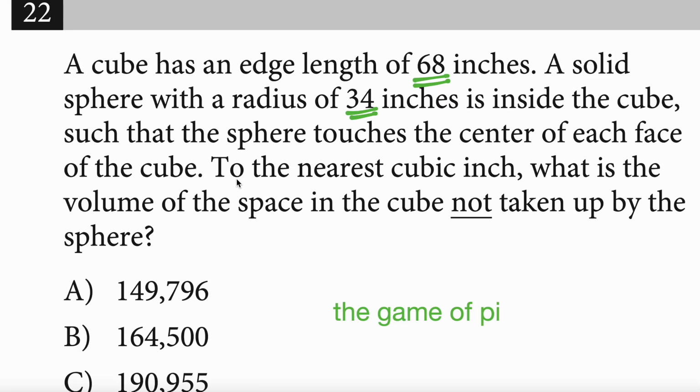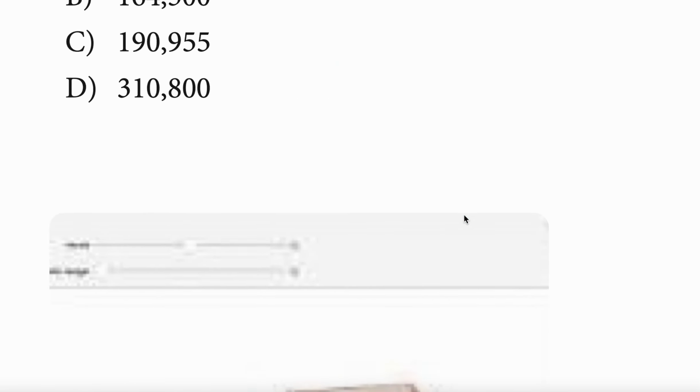We have already judged it. To the nearest cubic inch, what is the volume of the space in the cube not taken by the sphere? This "not" is highlighted here. So this situation is something like this, right? There's a cube and the sphere inside is touching it from all the sides, at the midpoints of every side.